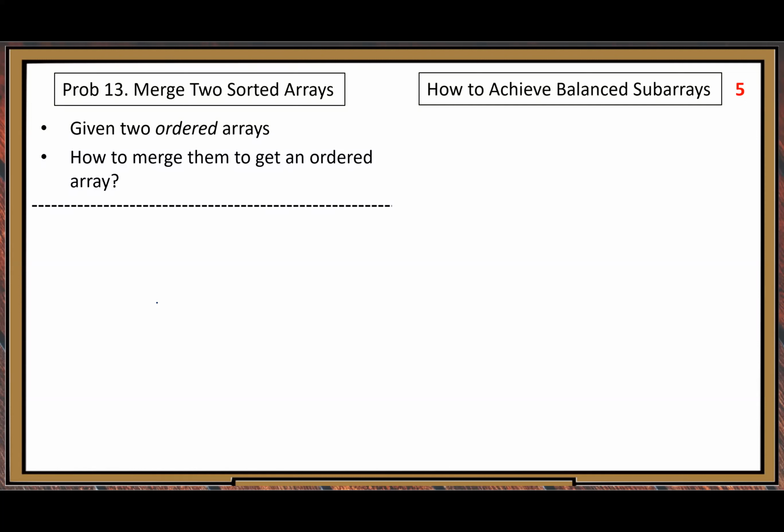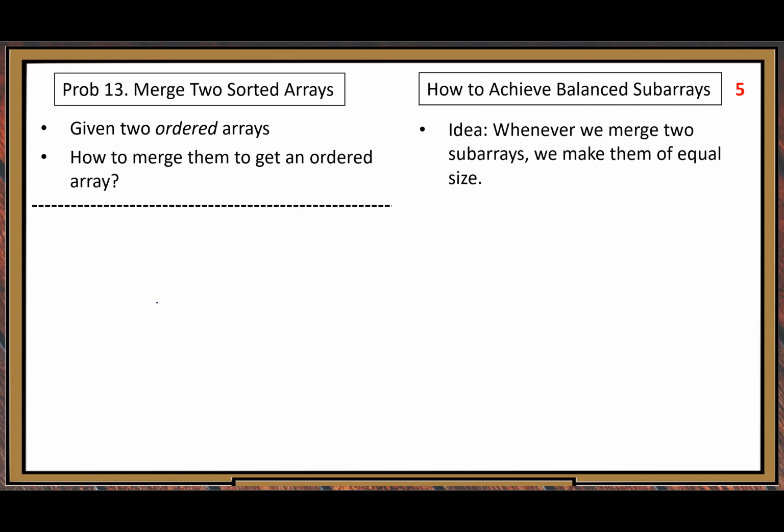When we split the original array, we try to split it at the midpoint. Not median, midpoint, okay? Do not get confused with the median. We split it at approximately the midpoint. Whenever we merge two subarrays, we make them of equal size. So that's for our data splitting.